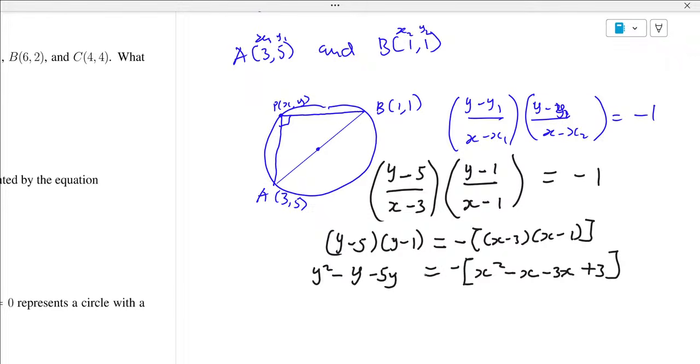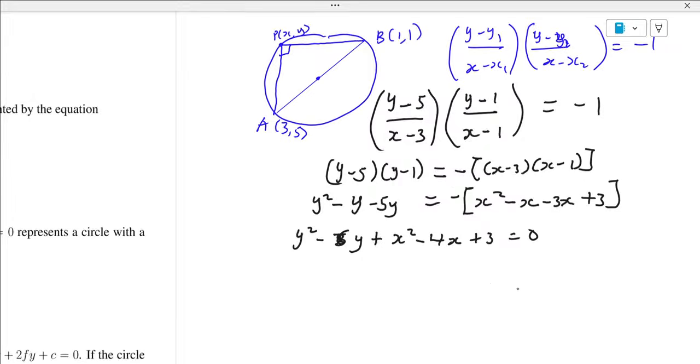I will take this across with a minus sign and it will change to plus. So whatever is here will maintain whatever it is. So you have y squared minus y; if I simplify this, I have minus 6y. Then I have plus x squared minus, and if I simplify this, I'm going to have 4x plus 3 equal to 0.